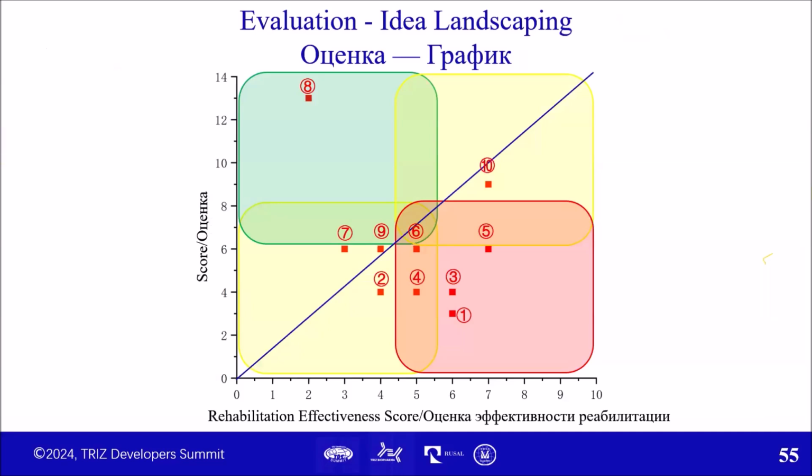Then, we used the ideal landscaping with the horizontal coordinate of rehabilitation effectiveness score to evaluate the 10 solutions that are cost-effective, with the horizontal coordinate of 0 point meaning the best, and 10 point meaning the worst.